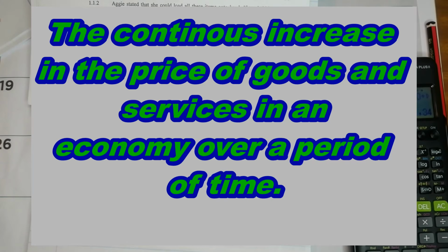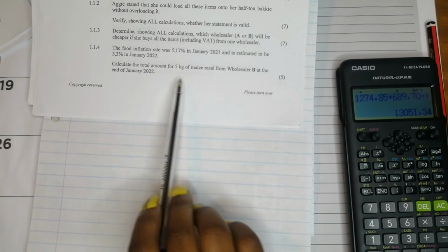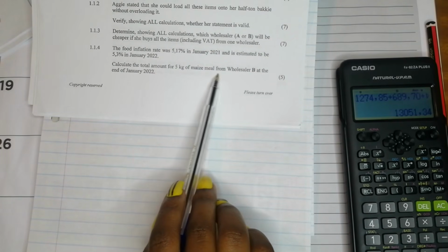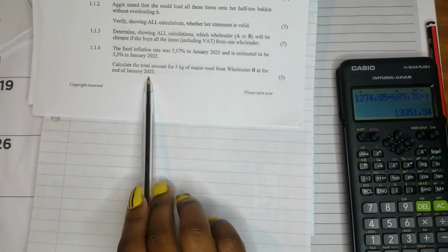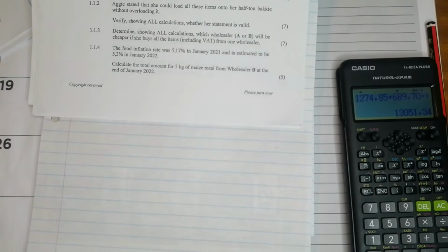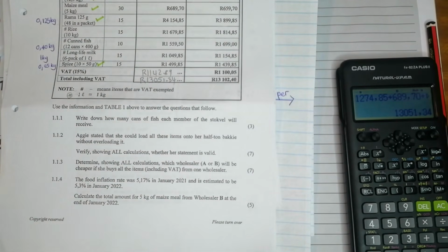So to calculate how much the 5 kg maize meal from wholesaler B will be at the end of January 2022, we need to calculate the continuous increase starting from January 2020, moving on to January 2021, and then moving on to January 2022, to get how much it will be.